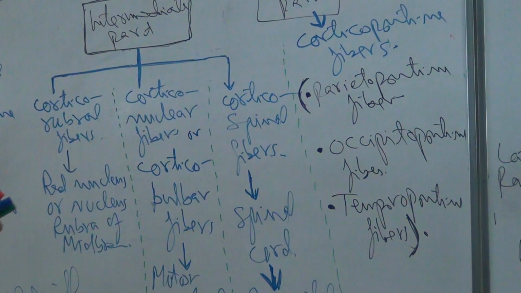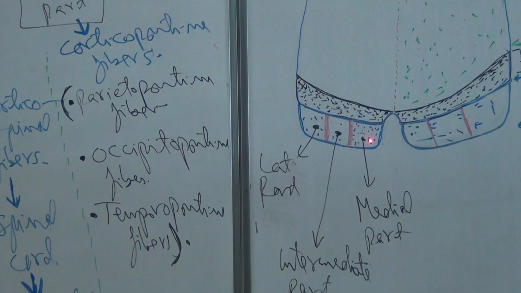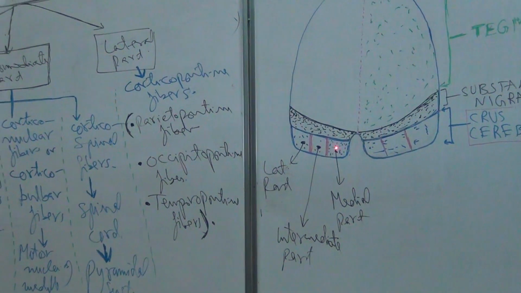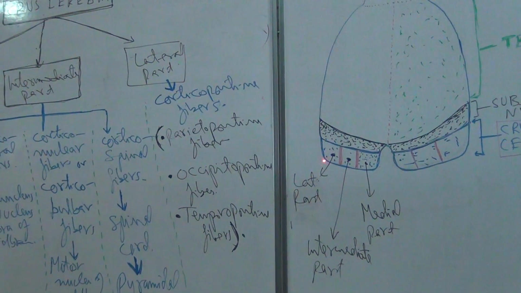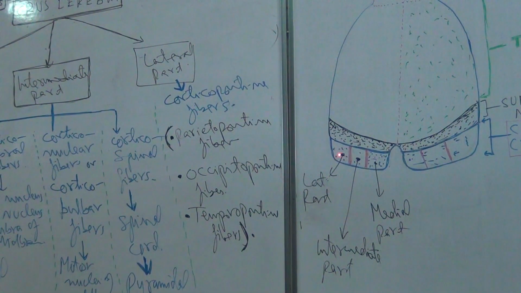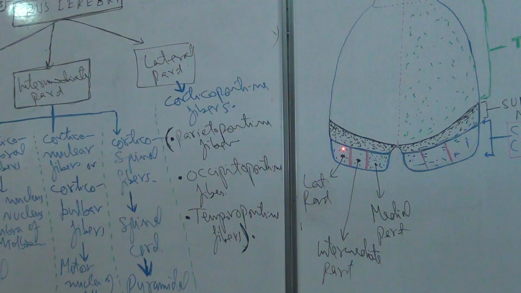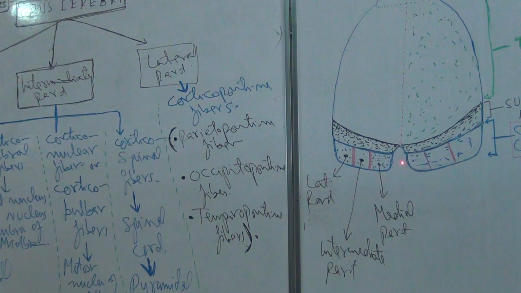So I will repeat briefly: through the medial part of the crus cerebri the corticopontine tracts descend, and through the lateral part also corticopontine fibers descend. What is the difference?